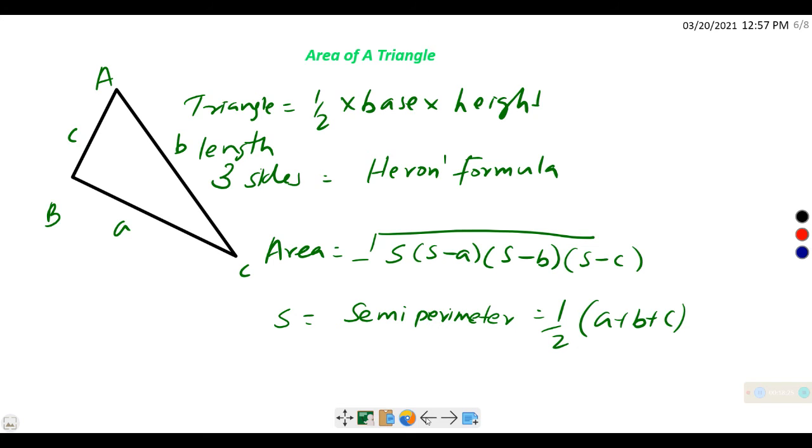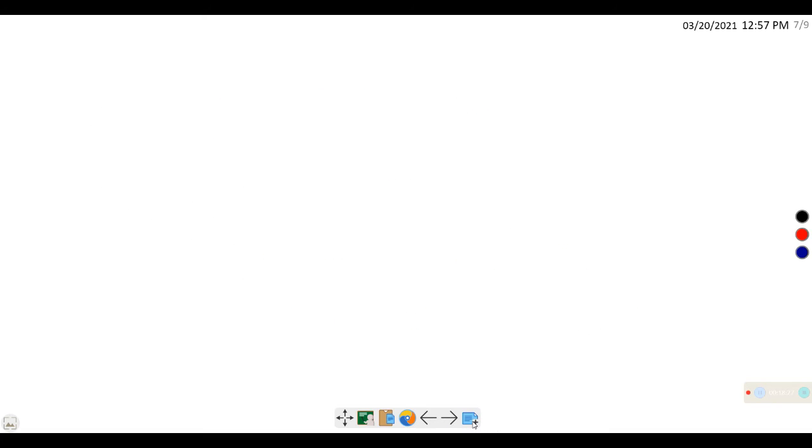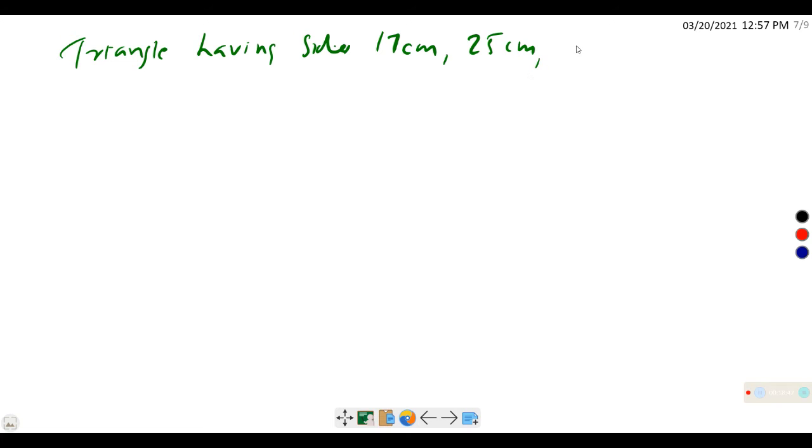For that, I will be giving you an example here from your textbook. The textbook says that if there is a triangle having sides 17 centimeter, 25 centimeter, and 26 centimeter, we are asked to find out the area.